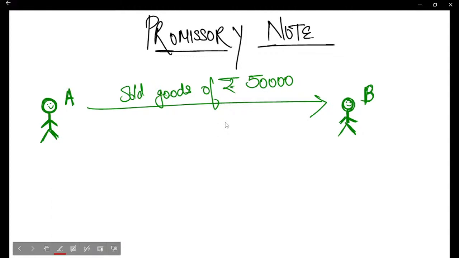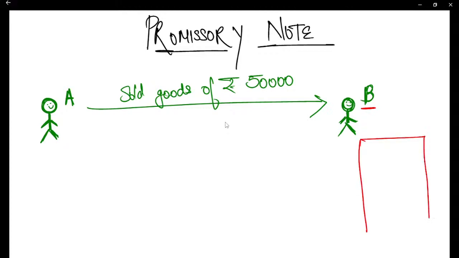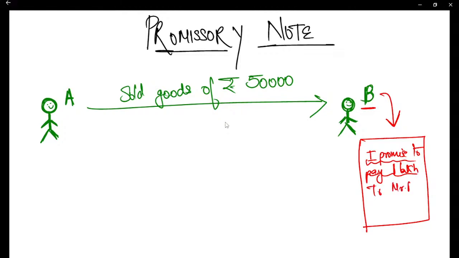Now in this case, A is not drawing anything. Now B himself makes a document. B himself makes an instrument in writing, and B is writing that I promise to pay rupees 1 lakh to Mr. A on this date.